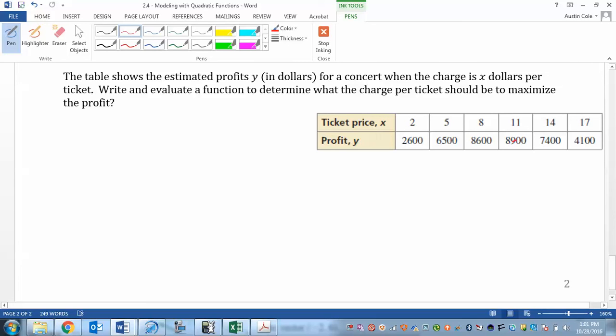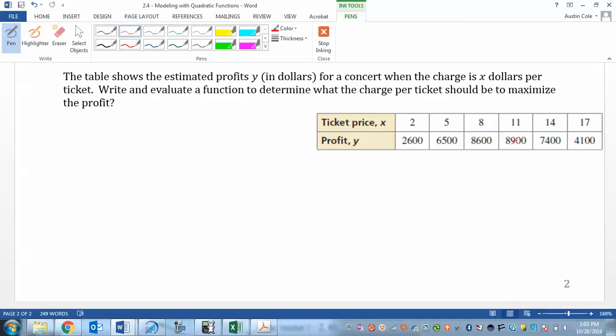It goes up, but then eventually it goes down. Now, why would that be? How can ticket prices go up, but our profit goes down? Spencer? People don't want to pay more for the extra ticket. There gets to a point where the ticket prices get so high that people aren't going to come to the concert anymore. Like, that's too much.